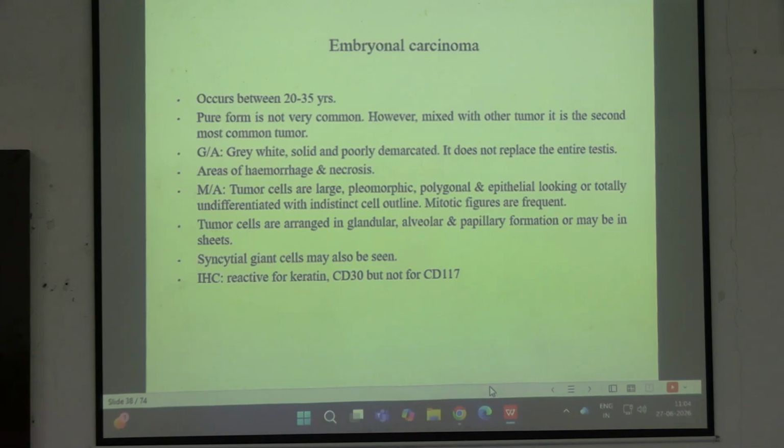Okay. So, coming to microscopic appearance, tumor cells are large, pleomorphic, polygonal and epithelial looking. They are large in size, they are pleomorphic, meaning they look overtly malignant.